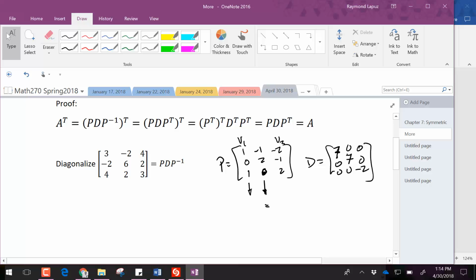So if we call this vector V2, it's V2 minus the projection onto V1, which is V1 dotted with V2 over V1 dotted with V1, times V1.